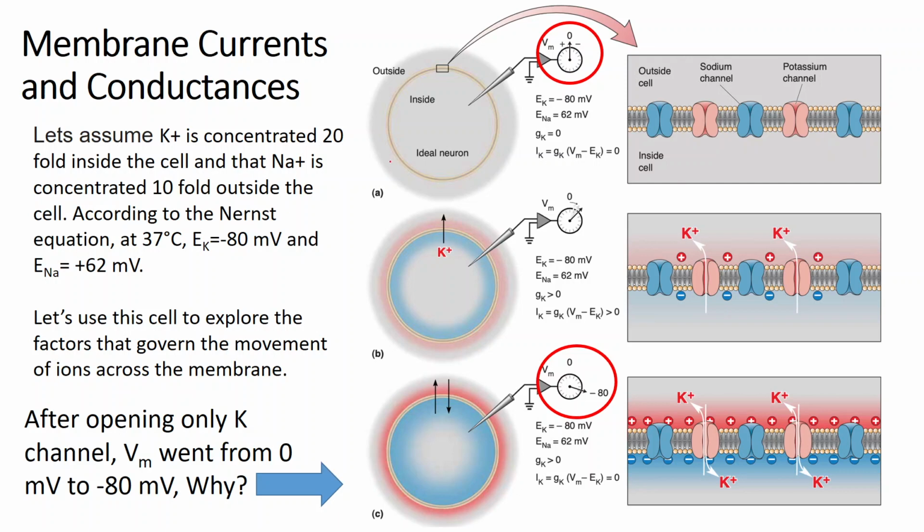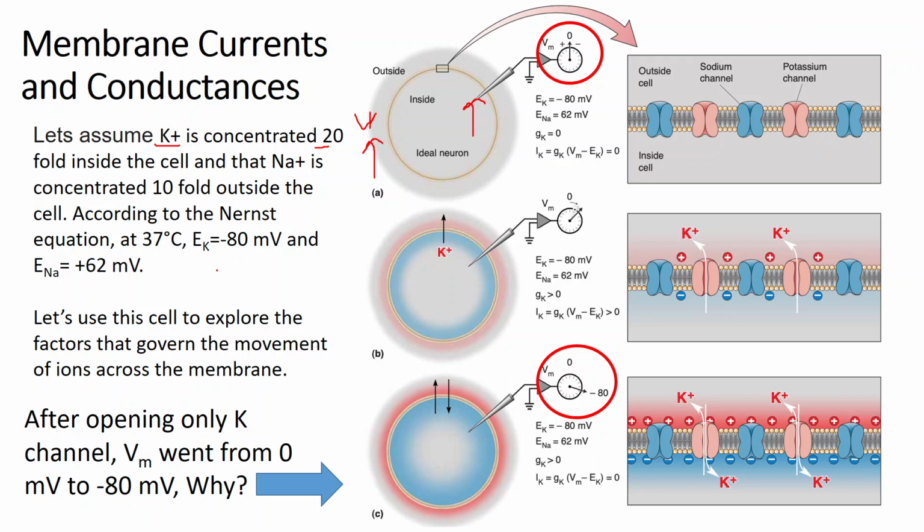So let's take this cell, a hypothetical cell, and let's assume that the potassium is concentrated 20-fold inside. So we have a high concentration of potassium inside and low outside. Similarly with sodium, it would be high outside compared to inside, right?